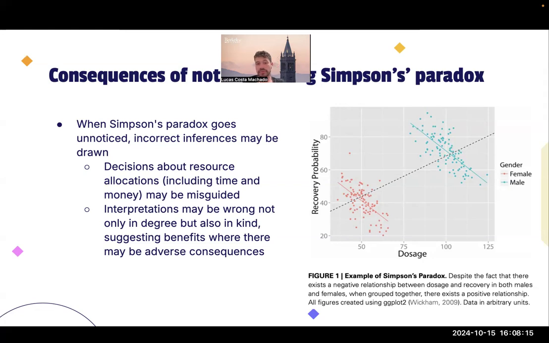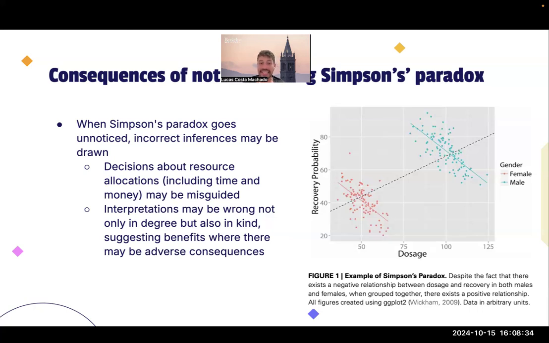One clear example is the one we just discussed: the effect at the aggregated level is positive, higher dosage, higher recovery, but for each gender the effect is the inverse. So our decision here should be a lower dosage instead of a higher dosage.